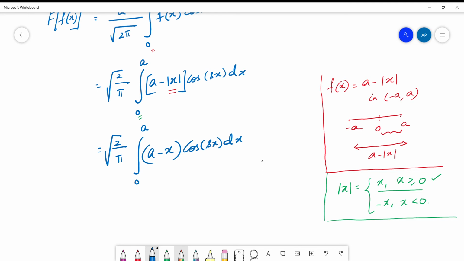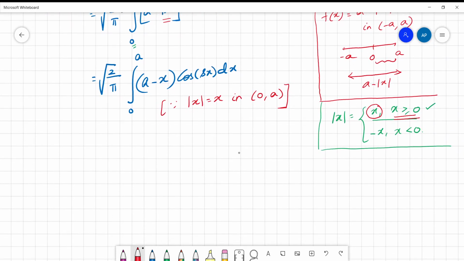The reason is that mod x is equal to x in the interval 0 to a, as x is greater than or equal to 0. So mod x can now be replaced by x, so that the problem is made even easier.